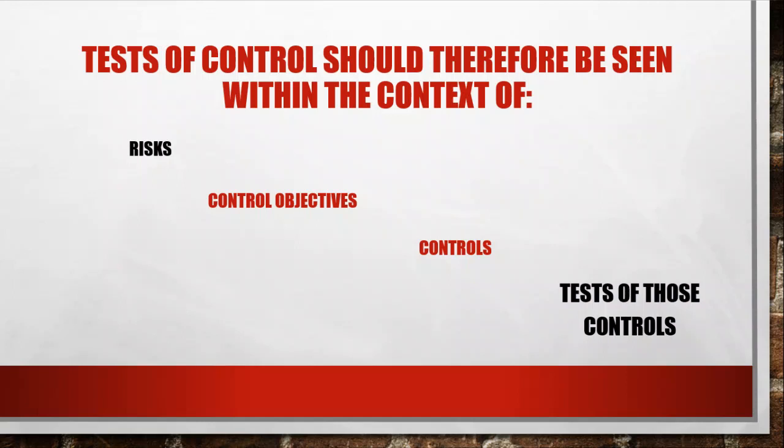Let me give you a simple way to know your control objective. Don't forget, if you spend 75% of your time on that particular question itemizing your risk, you are sorted. So your control objective simply is the reversal of the risk you've itemized. Yes, when you reverse that risk, you get your control objective.